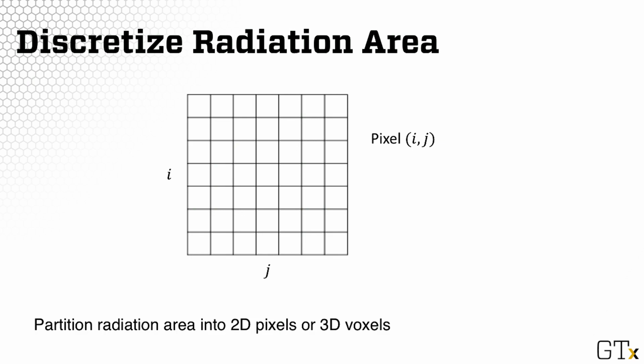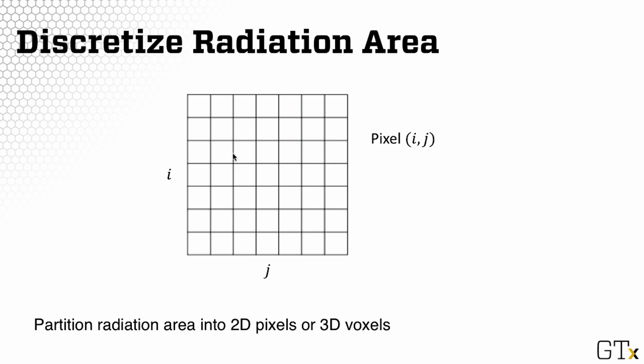In order to solve this, we first need to discretize the radiation area. Similar to the decision-making under uncertainty problem, where we have a random variable, we need to first discretize it. So here, we have a continuous area of tumor and critical area. In order to make decisions, we need to discretize this radiation area by a grid.